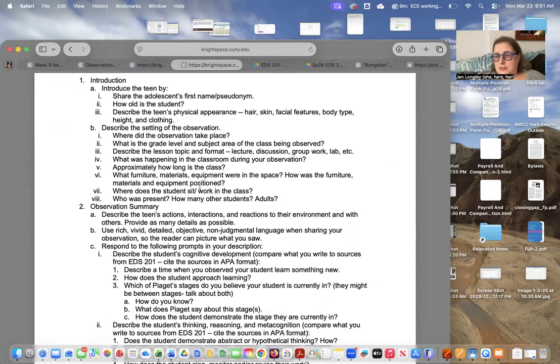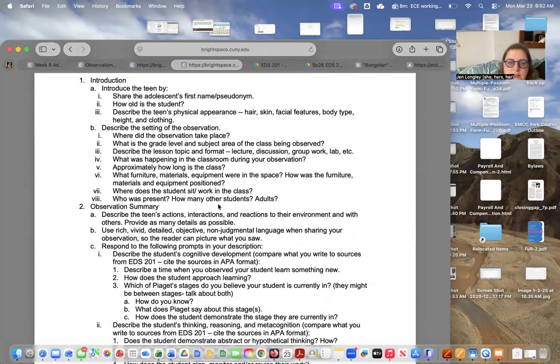That might be the same as observation summary 1. You can copy it. Where does the student sit? By the board, by the smart board, by the windows, by the door, like where in the room? And who was present? How many other students? Oh, there's a lot of people out that day, so there were only 12 students. Or everybody was present, so there were 30 people. Talk about that. And how many other adults are in the room.